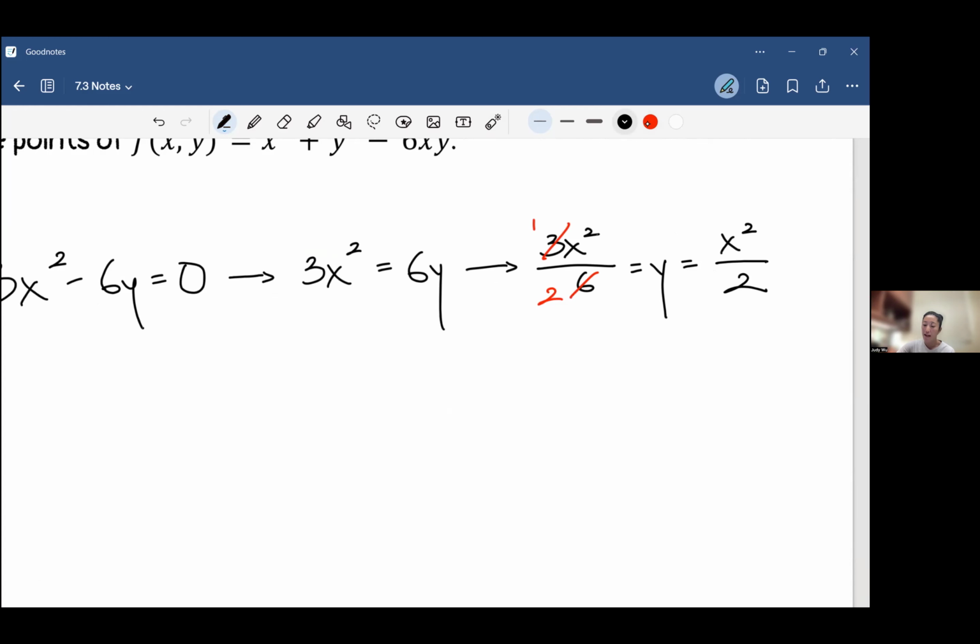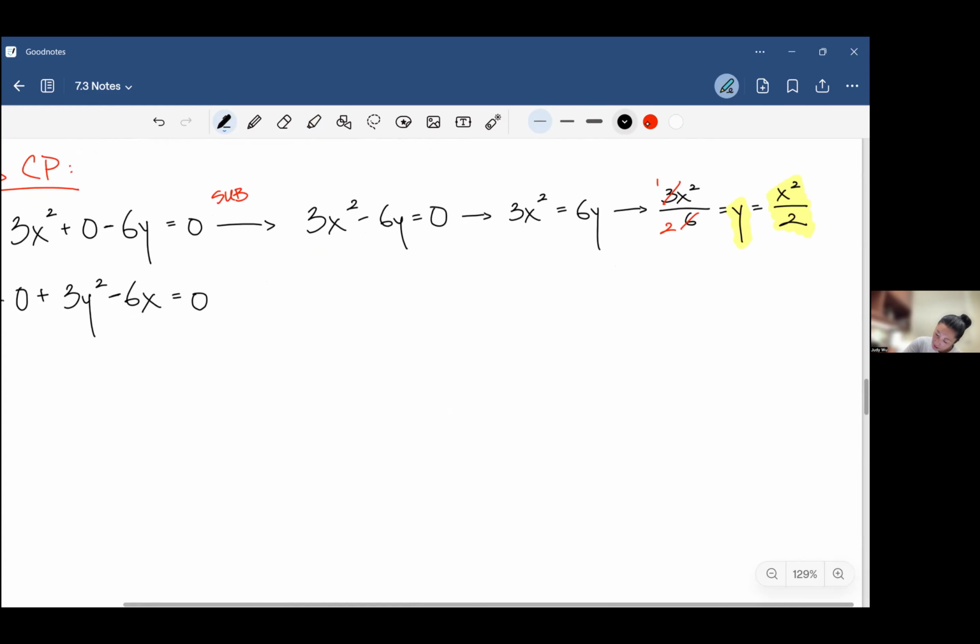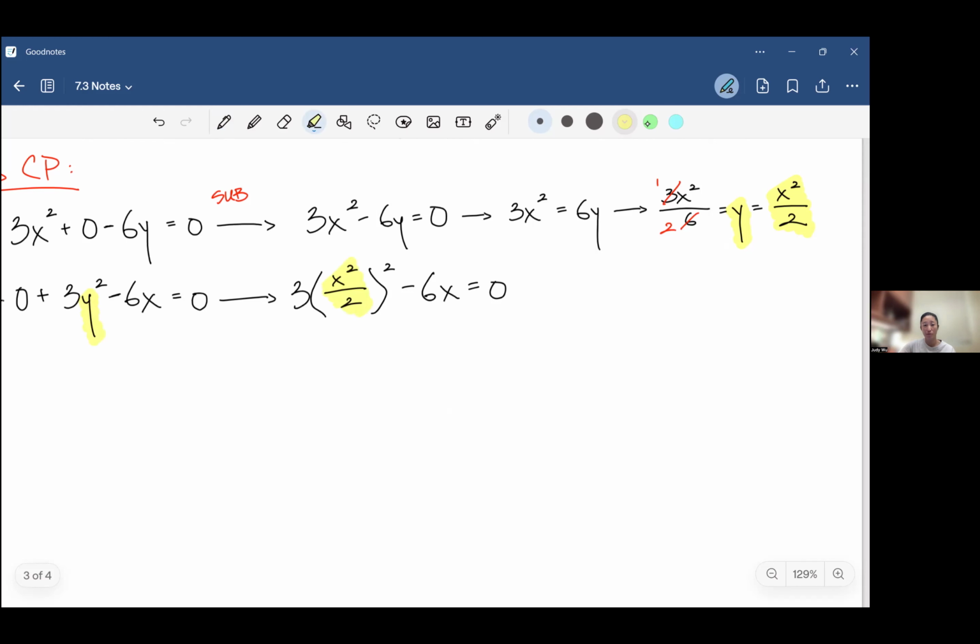okay? Now, everywhere I see a y in the other equation, I'm going to replace it with x squared over 2. I'm going to do this very carefully. Okay. So I really have 3y squared minus 6x equals 0. All right, so this y, I subbed it out for the x squared over 2.